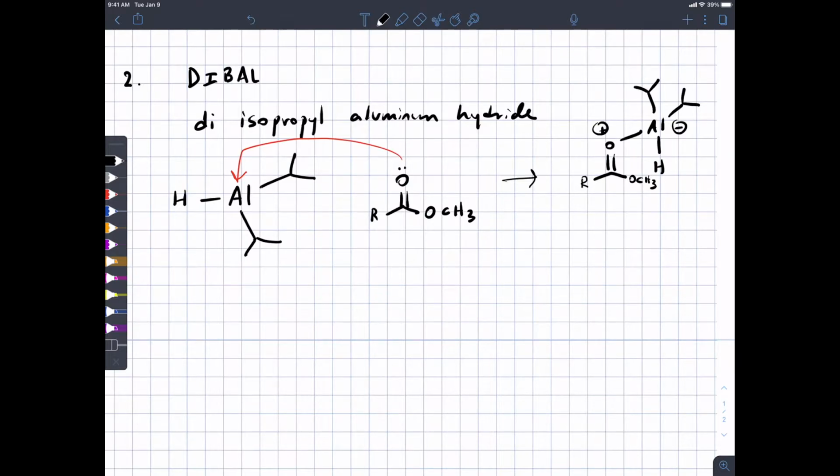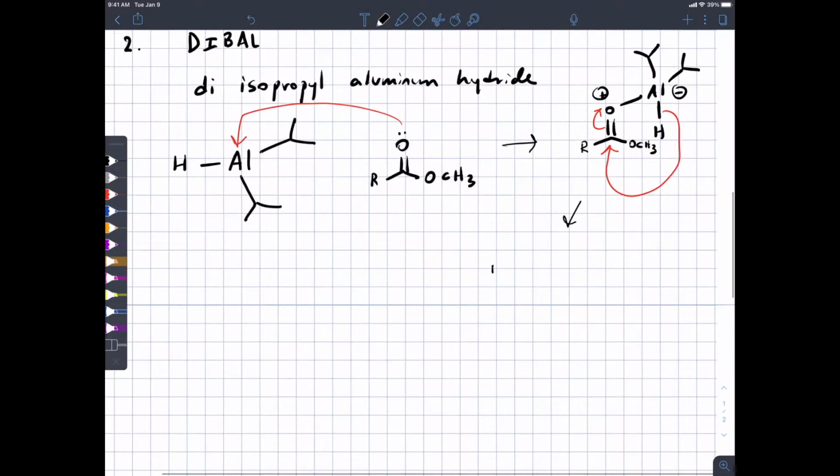And at this point, you can do an intramolecular reaction where aluminum delivers the hydride to the carbonyl carbon and the pi bond breaks. And then, let's see, I need a little bit of room for drawing this.